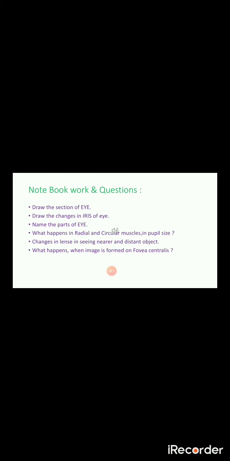Accommodation is the adjustment of the lens so that a clear image of objects at different distances is focused on the retina. In the focusing process, there are two steps: accommodation to the distant object and accommodation to the nearer object. The parallel rays of light from the object are focused on the retina by means of a lens.